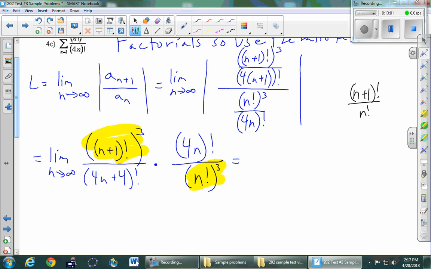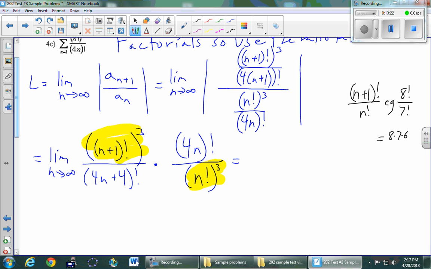So if you have something like this and you think, well, how do they cancel and do they cancel? I'd encourage you to just plug in a number. Like if you plug in n equals 7. So if n is equal to 7, then upstairs I have 8 factorial and downstairs I have 7 factorial. And once we've got some numbers, then maybe we can be a little more comfortable. 8 factorial is 8, 7, 6 down to 1, and then 7 factorial is 7, 6 down to 1.